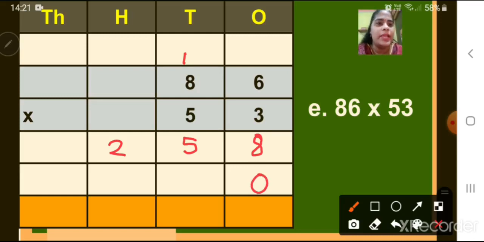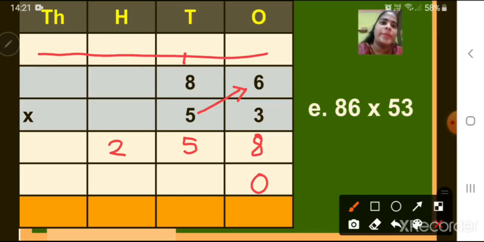Now let us multiply. 5 we have to first multiply with number 6. Okay. First I am going to cancel the carryovers of the first digit. Now multiply. 5 6s are 30. Correct? So there is a carryover. 3 we will write here in the tens place and 0 we will write here down.